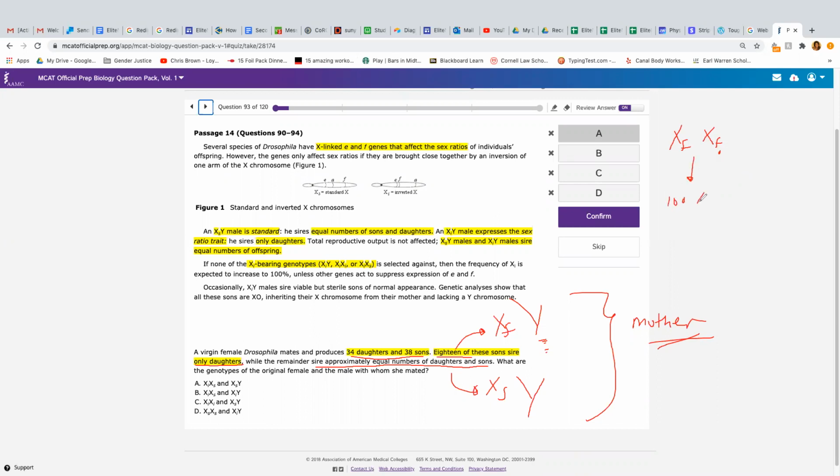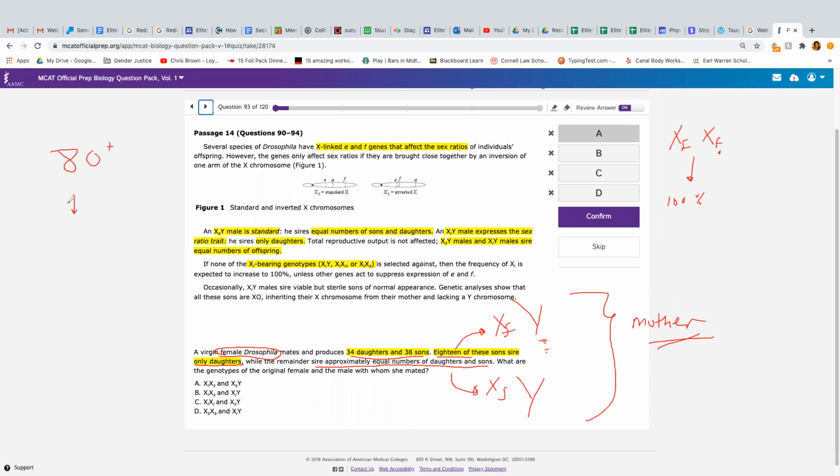And it looks like this, right? So when we get back to the question, this virgin female fruit fly had, let's do the math easily, let's say about 80-ish, 80 plus children.